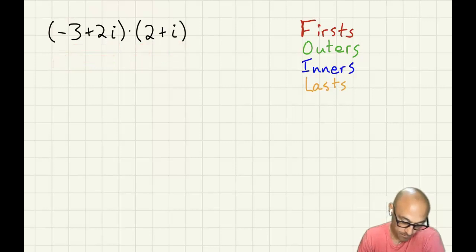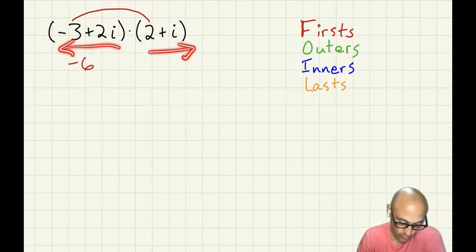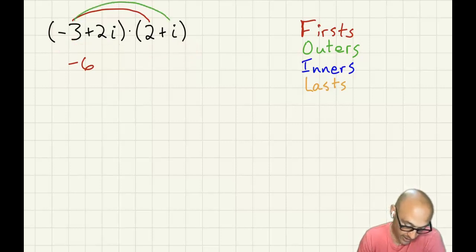So it's going to be, whoops, wrong color. For firsts, -3 times 2. -3 times 2 is -6. Outers are those terms, so -3 and i. So I'm going to do -3 times i is -3i.